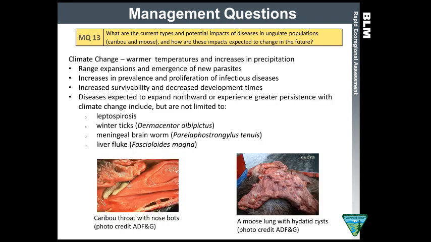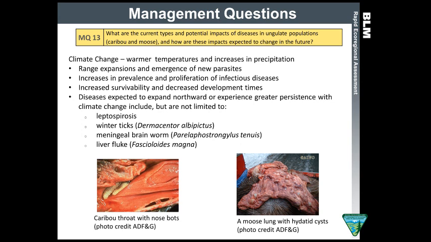But how can climate change affect the incidence of disease in ungulate populations? With warmer temperatures and increases in precipitation, we may see range expansions and emergence of new parasites.